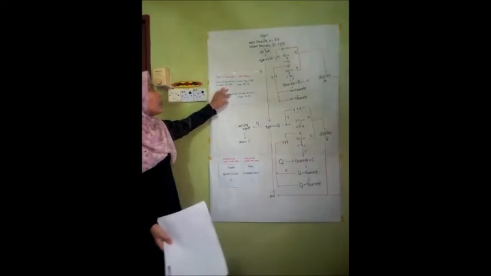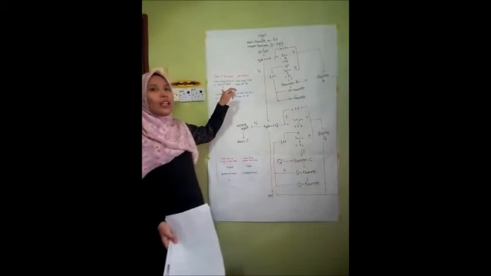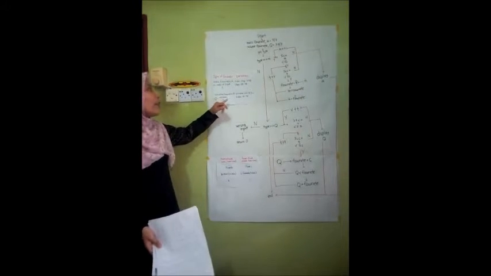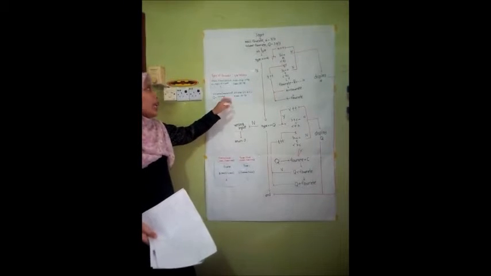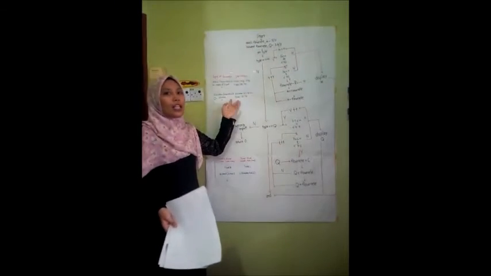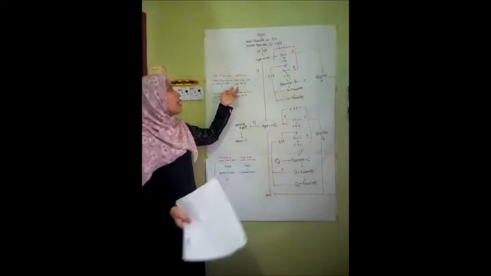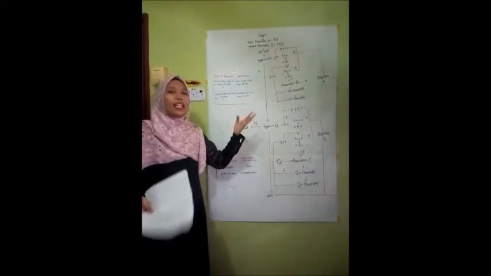For my project, I want to find the mass flow rate and volume flow rate. This is the formula of mass flow rate, which is mass of fluid over time, and volume flow rate, Q, is the volume of fluid over time. Here I use 3 variables.